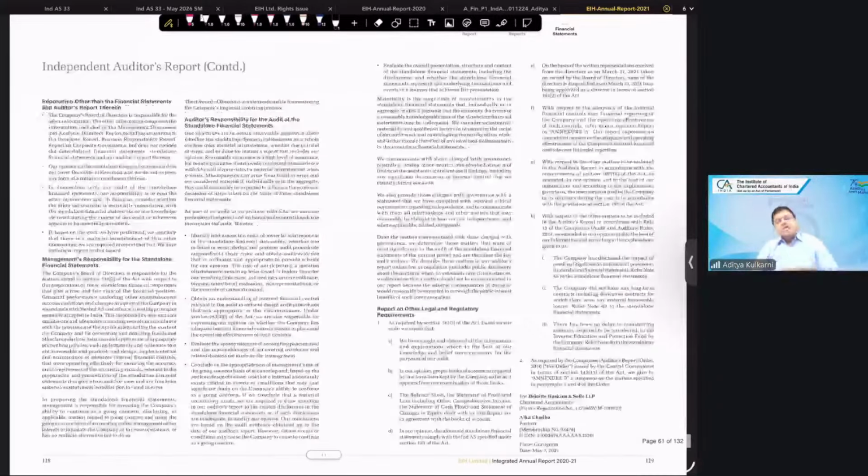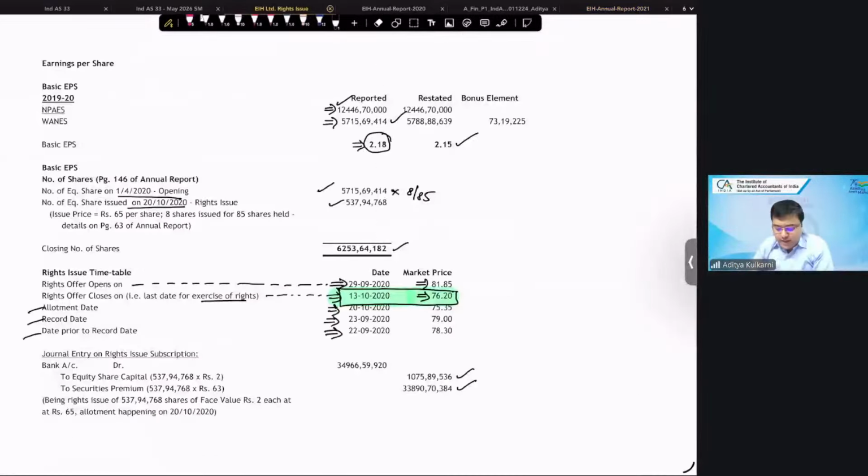The rights issue happened in 2020, 2021. EIH is a company that is into hospitality. I hope you guys are aware, we went through COVID. So that time the hospitality industry was totally gutted because of lockdowns, no travel, bans, etc. So they needed some funds to meet their obligations.